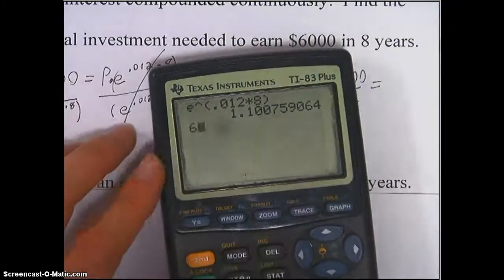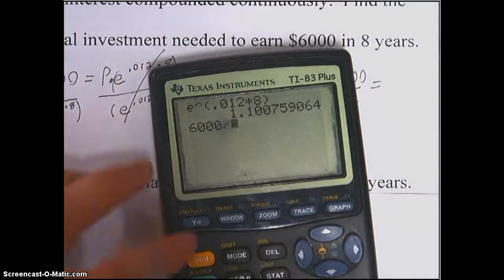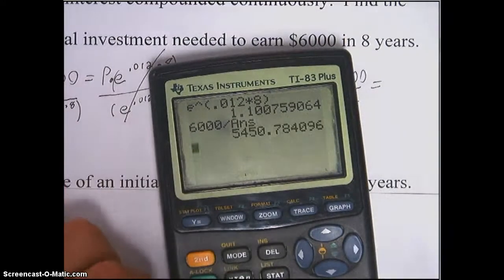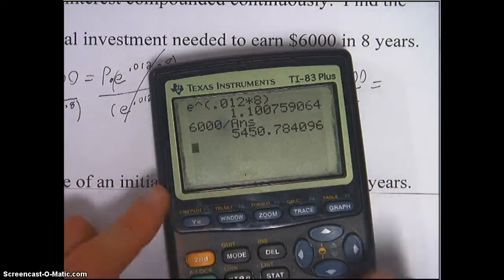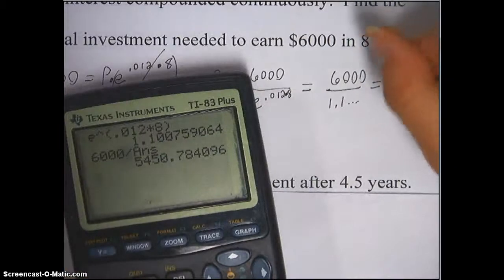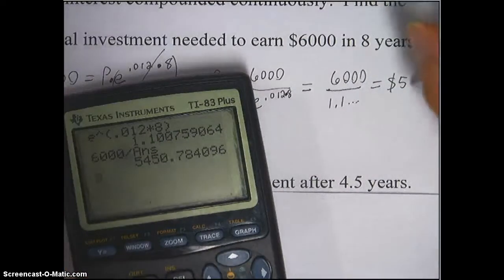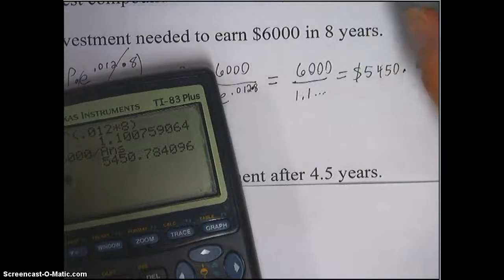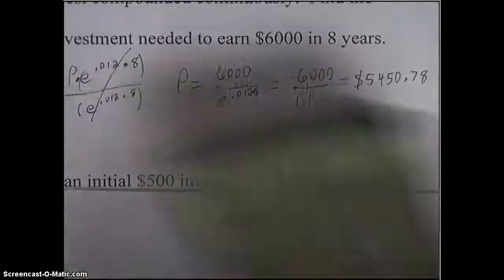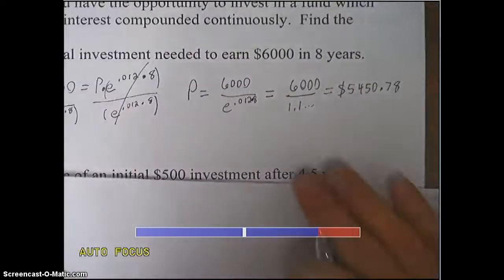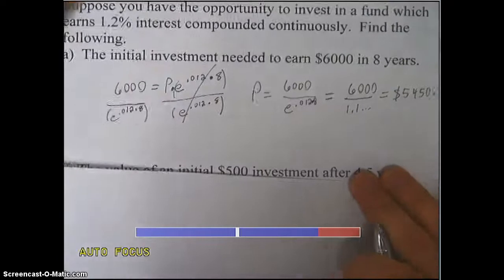So you can do 6,000 divided by second answer, and you're going to get the exact decimal in there. So it's about $5,450.78. That's how much you would need to start with in order to end up with $6,000 in 8 years.